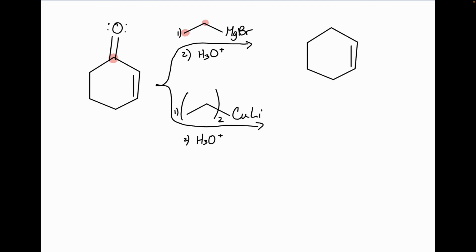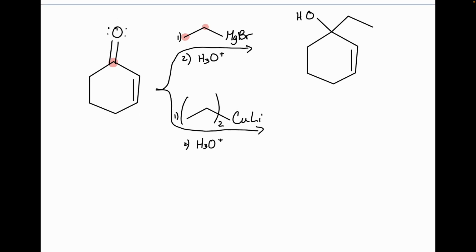An alcohol. So that carbonyl oxygen is still on there. It's an alcohol group. And now I have this ethyl group also attached, so specifically at that carbonyl site. Okay. And then our Gilman reagent will have these two carbons added specifically to our beta carbon.